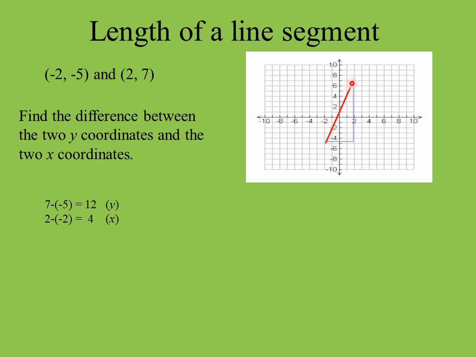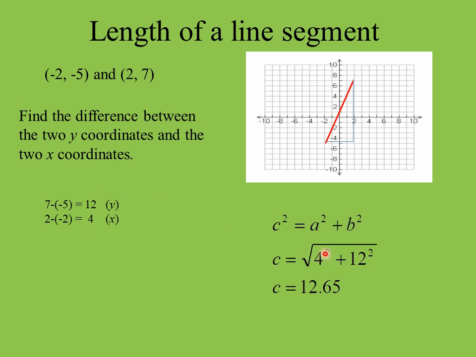So how does that help us find this? Well, our good old friend Pythagoras. Once you've found the length of the vertical rise of y, and once you've found the length of the horizontal move of x, you then use Pythagoras. c squared equals a squared plus b squared.